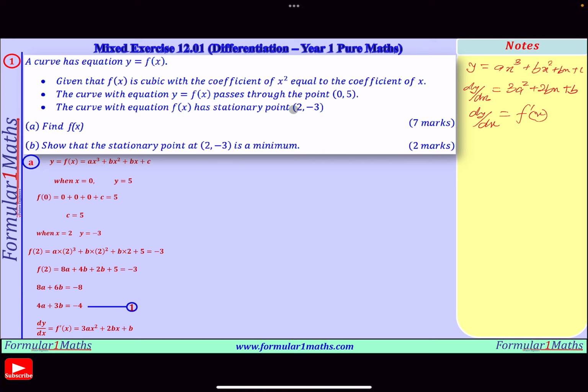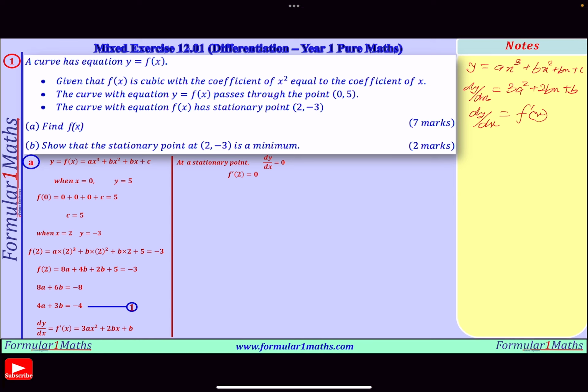But because this point (2, -3) is the stationary point, if I substitute 2 into this gradient function or derivative, I'll get 0. So at the stationary point, dy/dx equals 0, and that means f dash of 2 is equal to 0.